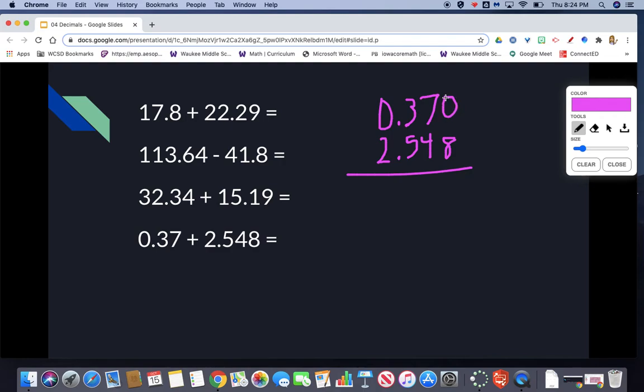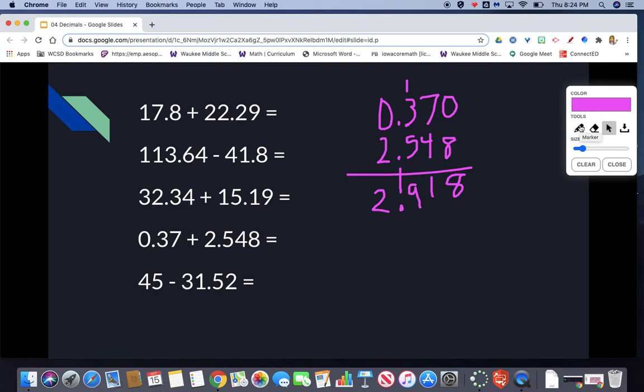Here's a place I could add a 0. 0 plus 8 is 8. 7 plus 4 is 11. Drop the 1, carry the 1. 3 plus 5 is 8, plus 1 more is 9. Drop the decimal down into the answer. 2 plus 0 is 2. 2 and 918 thousandths. A few more.